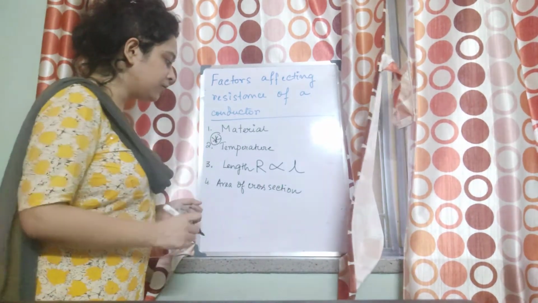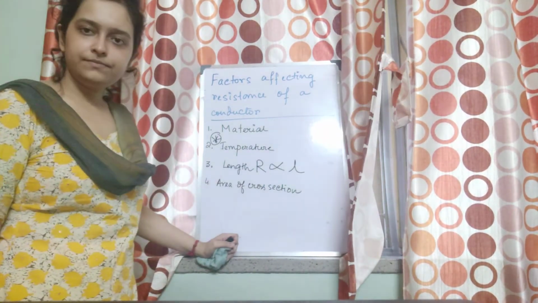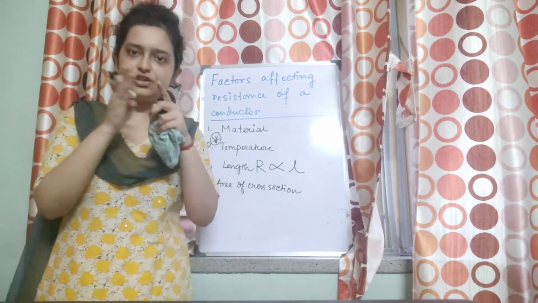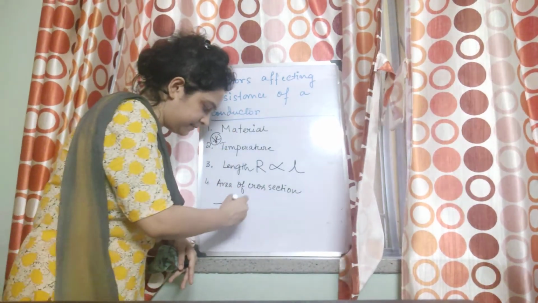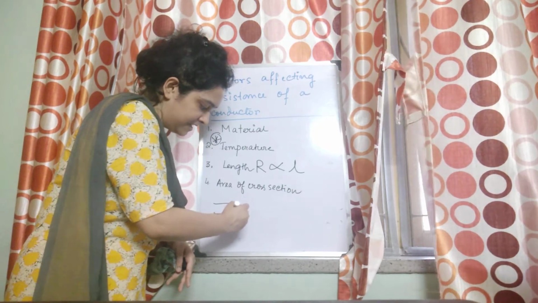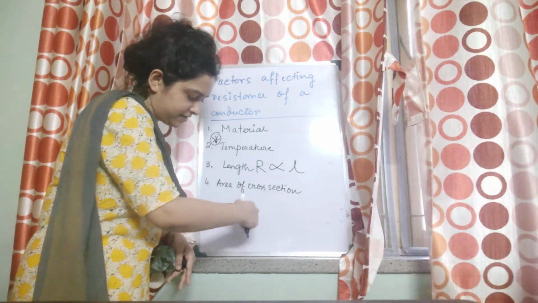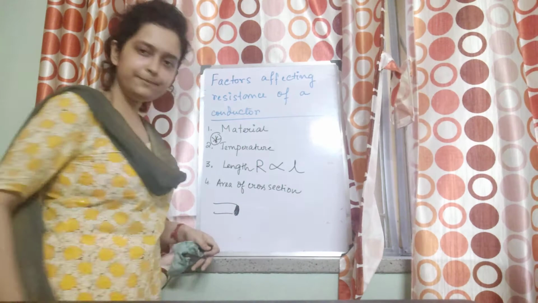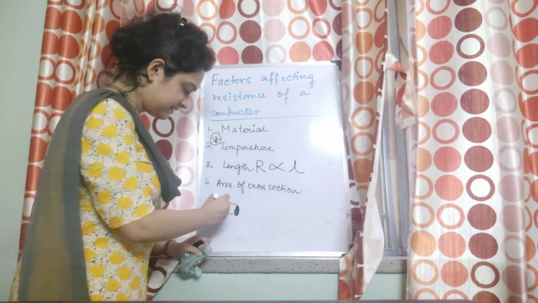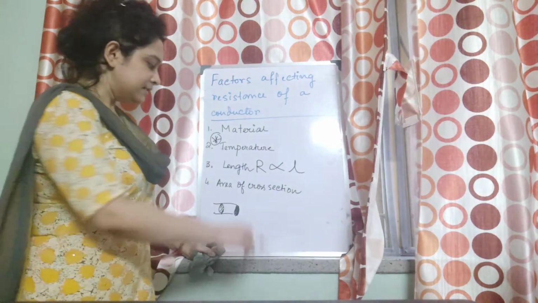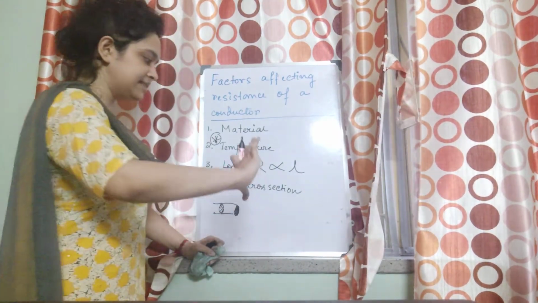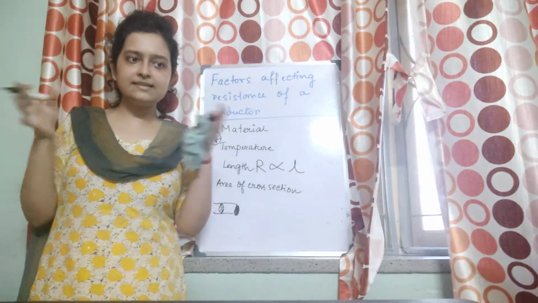Now, what about the area of cross section? If area of cross section increases, suppose if this is the conductor, this is the area of cross section. Okay? So if area of cross section increases, that means it will face now less collisions.